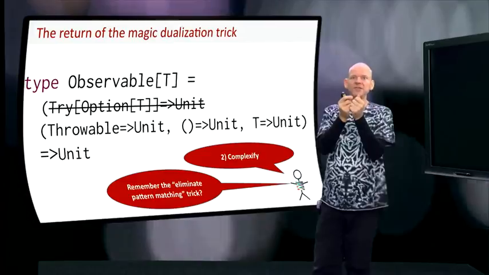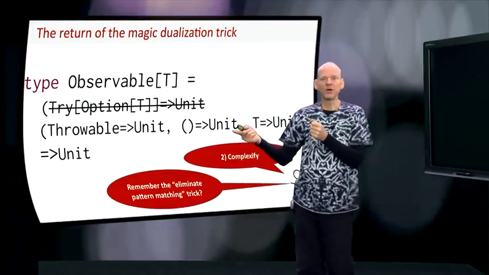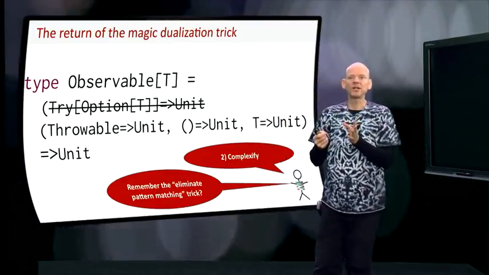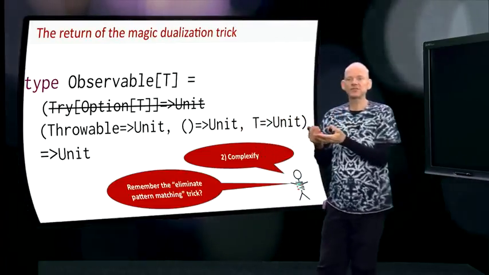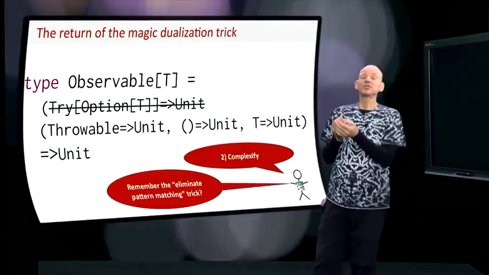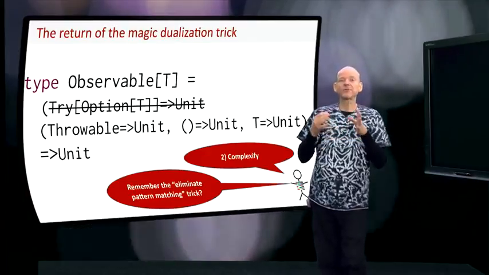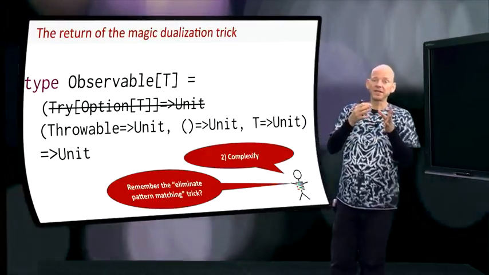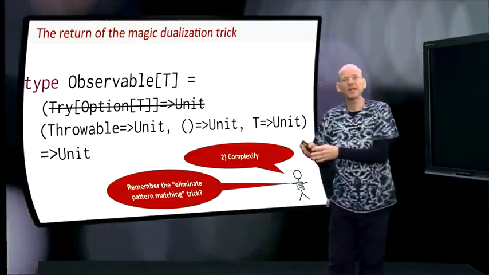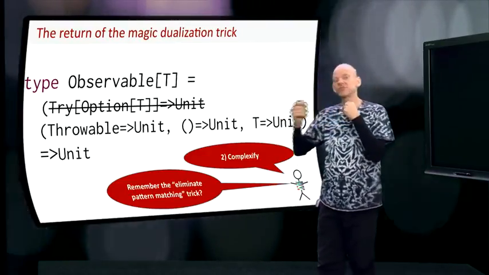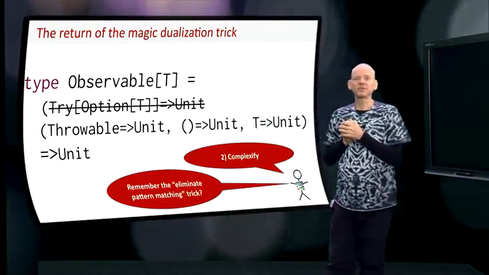The Try case, so that's where you get a throwable. If it's not a throwable, then there are two cases, where there's nothing or where there's just a value. So when we pattern match over a function that has an argument Try of Option of T, really we get three cases, and those are the functions. So we just split this into these three functions.